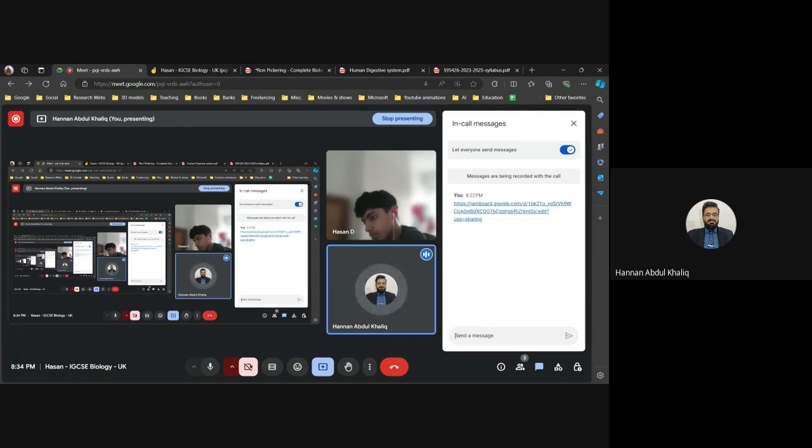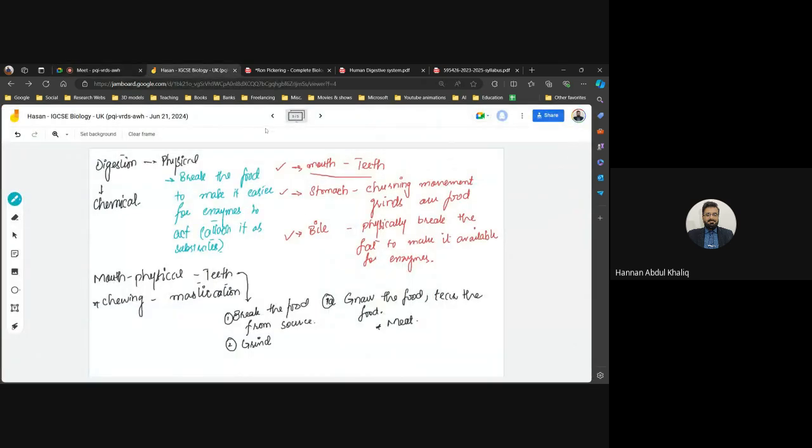So that basically is the point: whenever you see a butcher making the pieces of meat, even the butcher cannot use a single type of knife. Similarly, we cannot use the same type of tooth to perform different tasks.